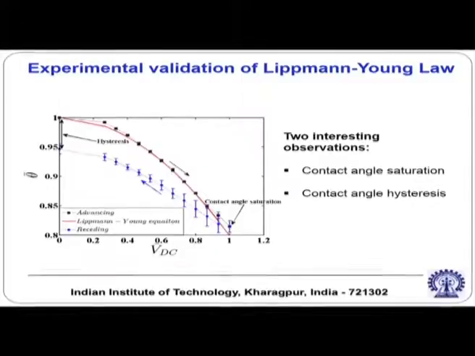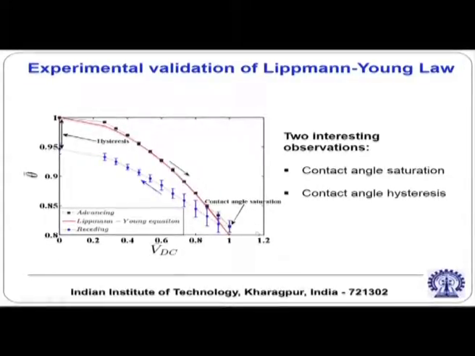That means what you do is that you go on applying the voltage and the contact angle decreases, but you can see that beyond the critical voltage the contact angle does not go on eternally decreasing, it comes to a saturation. This is what is observed in experiments.